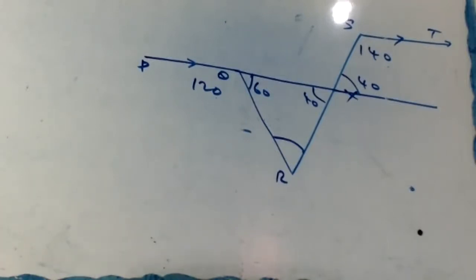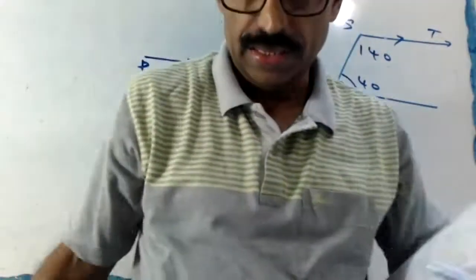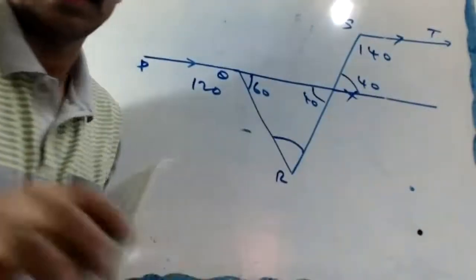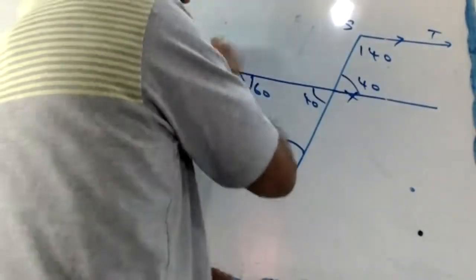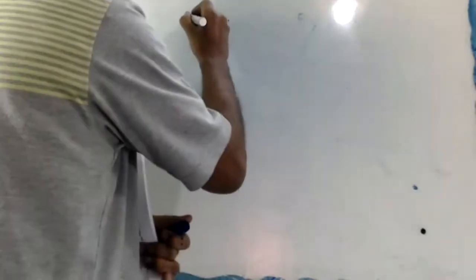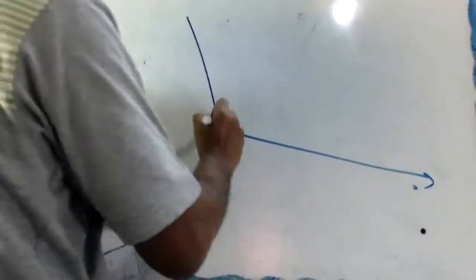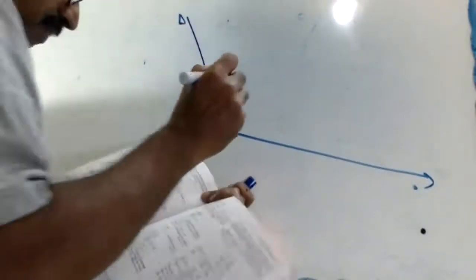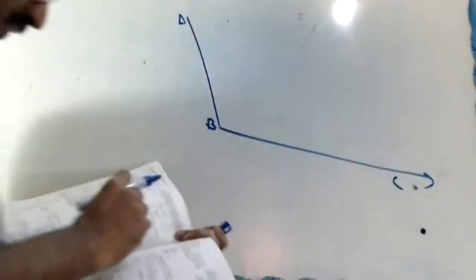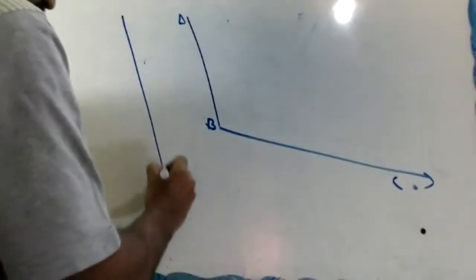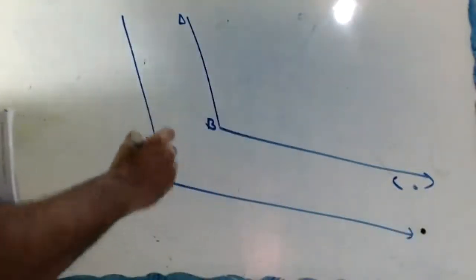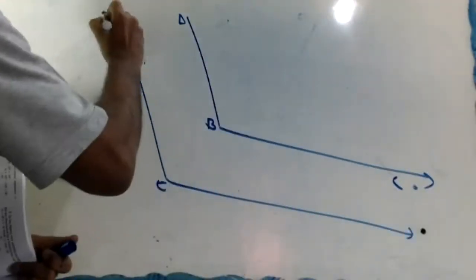In the figure, this also we did, just a revision. In the figure, BA is parallel to ED.